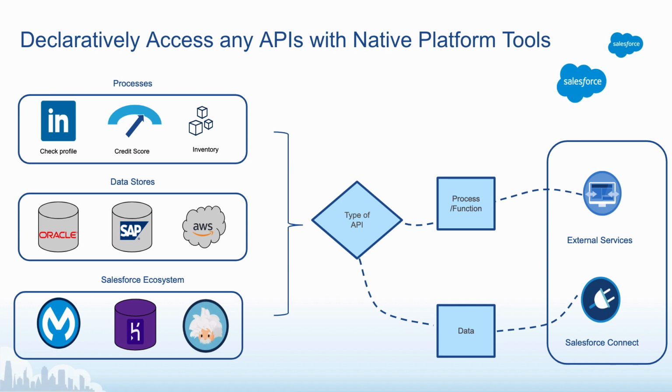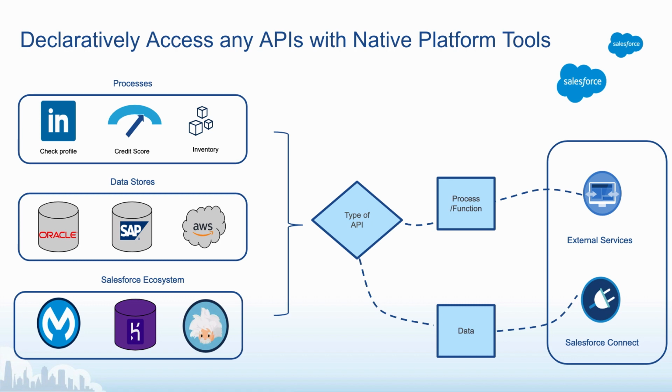I would love to make a comparison between external service and Salesforce Connect, which are both major ways of declaratively integrating with external systems. If you're familiar with Salesforce Connect, it unlocks your external data declaratively inside of the Salesforce experience.